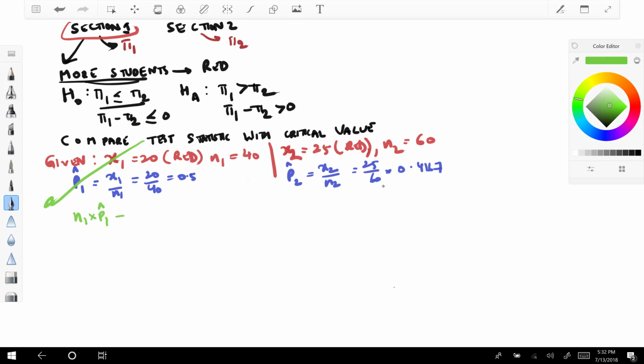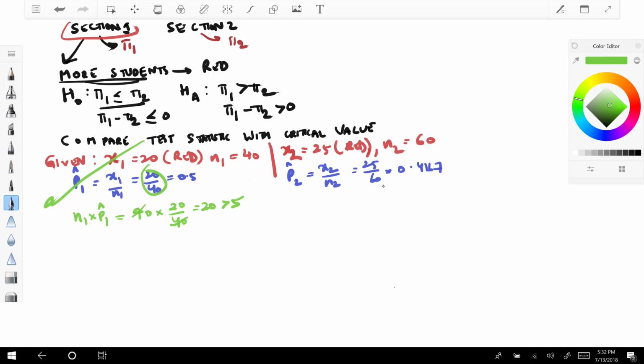So n1 is 40, and for p1 hat I will use a fraction value to make my calculations easy, 20 over 40. So that is 20, which is clearly greater than 5. So it's a large sample.